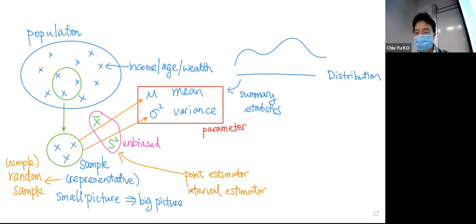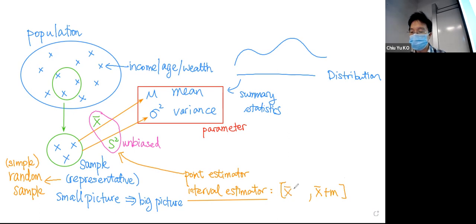Today we cover how to construct this interval estimator. The idea is very simple, and we only focus on the case of x bar, the estimate of mu. How do we do that? Basically, we will have an interval of x bar minus m to x bar plus m.